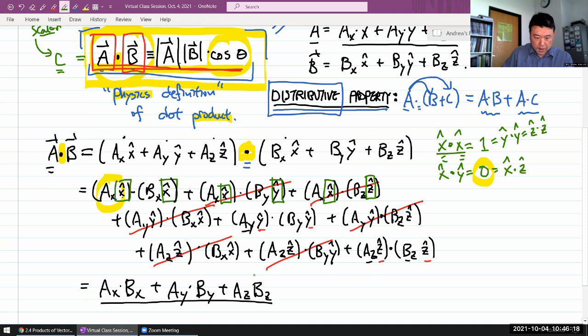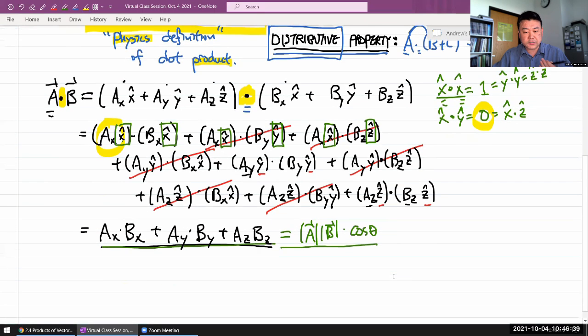So you have this equality that this numerical value for dot product should be equal to this numerical value for dot product, the magnitudes of the vectors times cosine of theta. And using this equality, you can do an interesting thing. You can solve for cosine theta. When you solve for cosine theta, this is what you get.